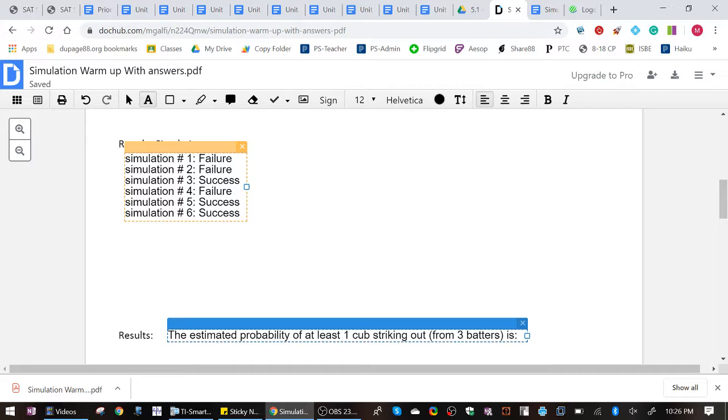I had 3 successes and 6 total trials. So it's 3 successes out of 6 total trials. So I've got about 50% as my estimated probability.